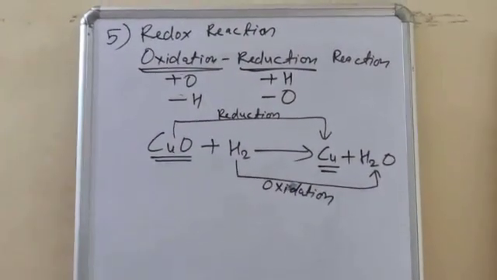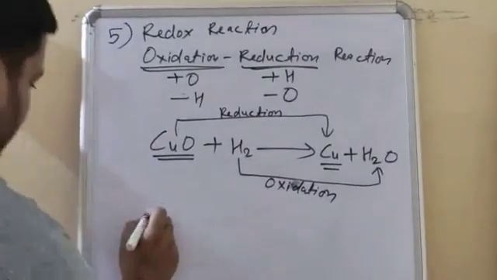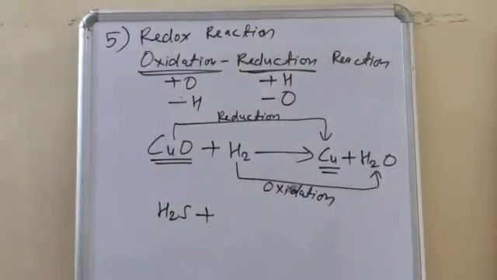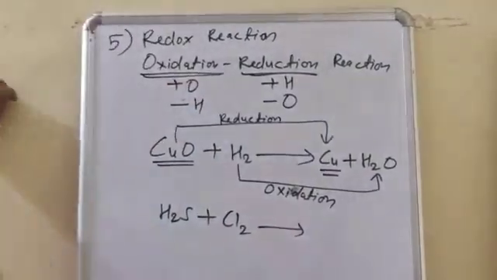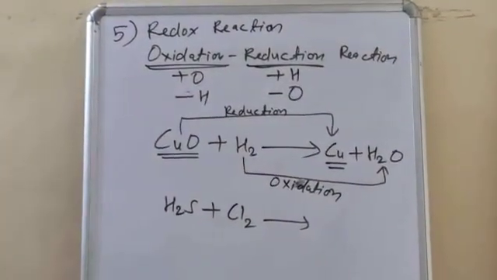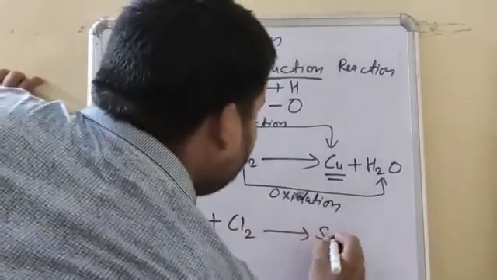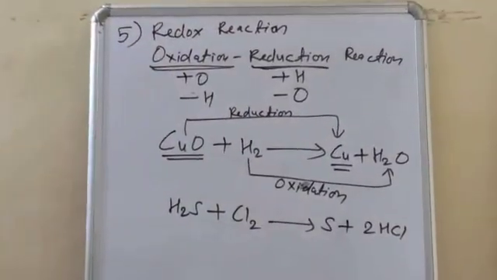Take another example. Hydrogen sulfide reacts with chlorine. When hydrogen sulfide reacts with chlorine, then sulfur plus 2HCl will be formed.